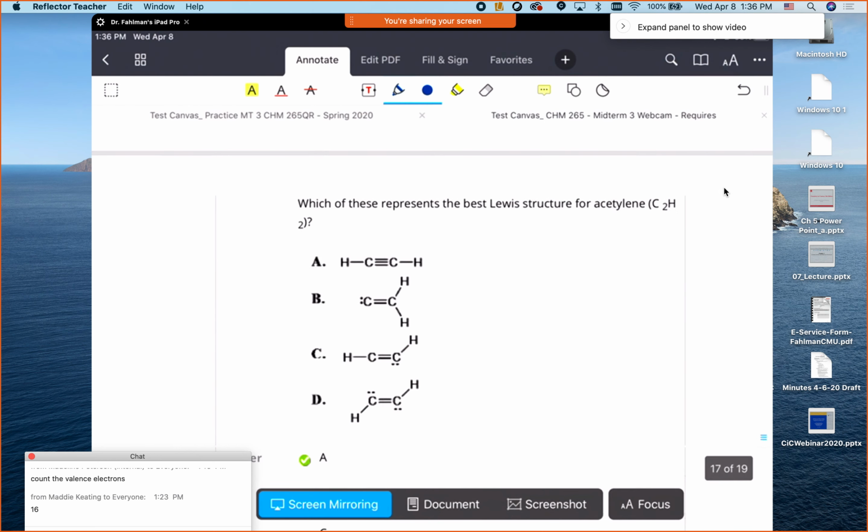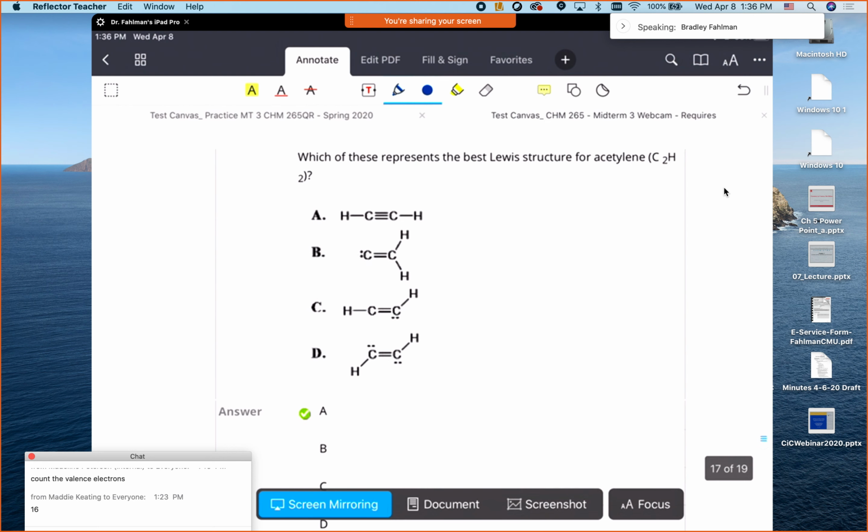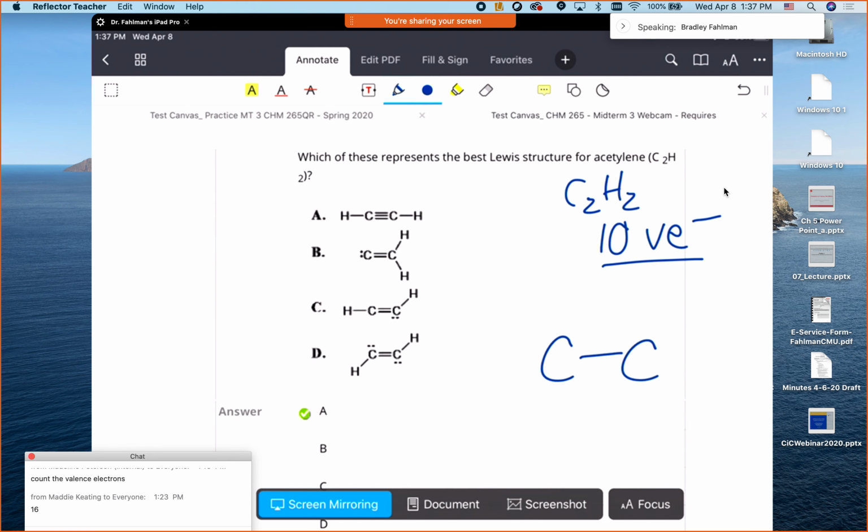Which is the best Lewis structure for acetylene? So C2H2 is like that. So we've got 4, so 8, so 10 valence electrons. So showing the connection here. And so we have 1, 2, 3, 4, 5, 6.